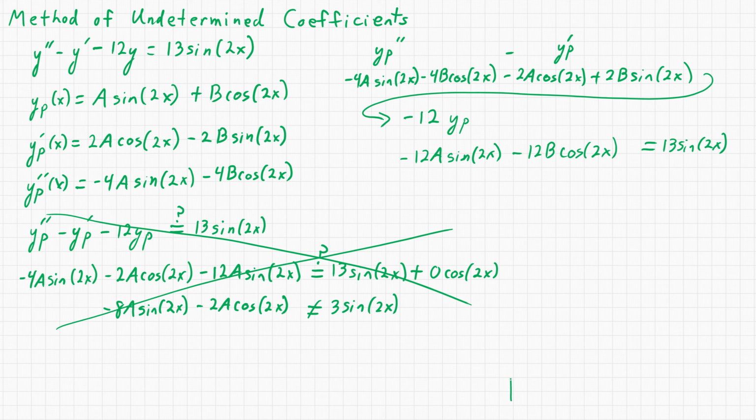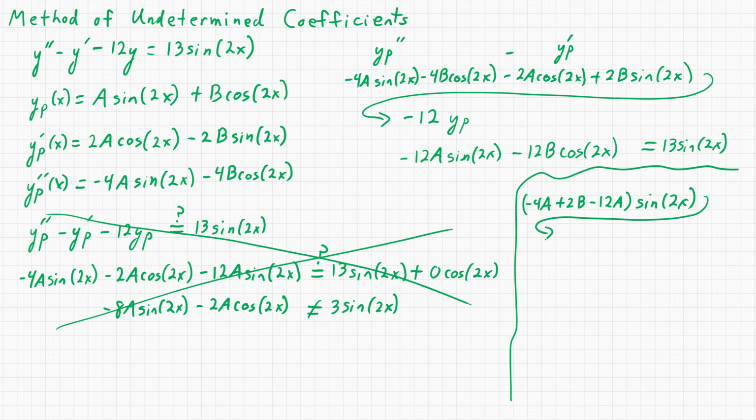Well, if I start grouping terms together, I have a negative 4a times sine, I have a positive 2b times sine, and then I have a minus 12a times sine of 2x. But that's also added to all the cosine terms.